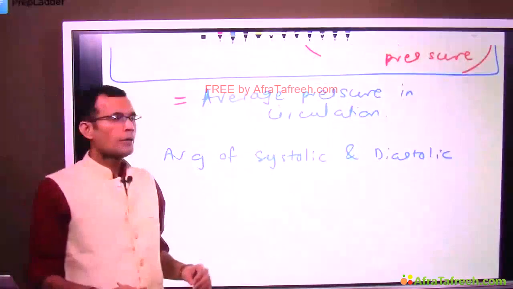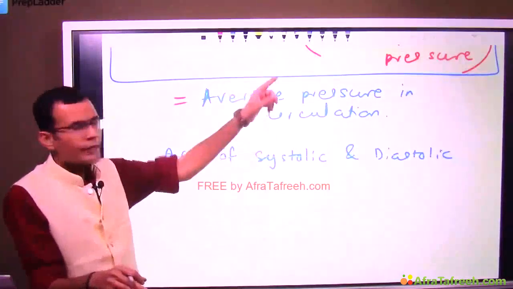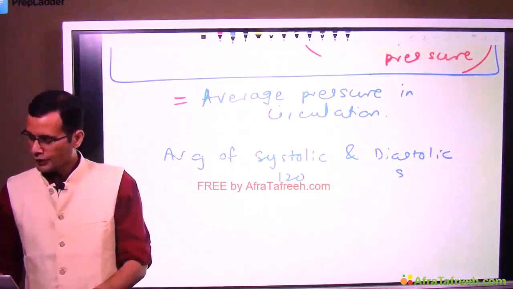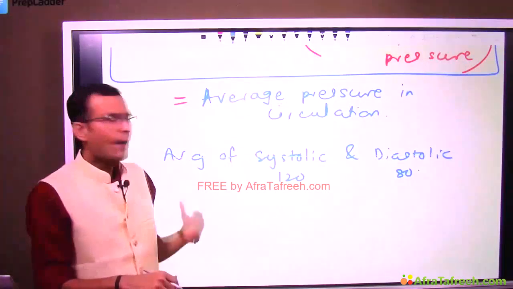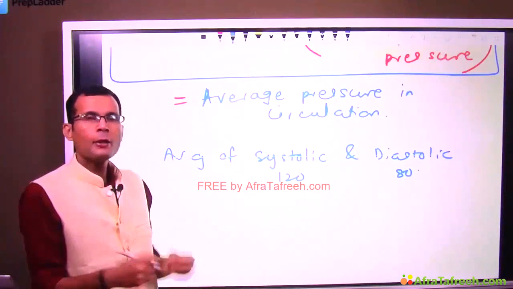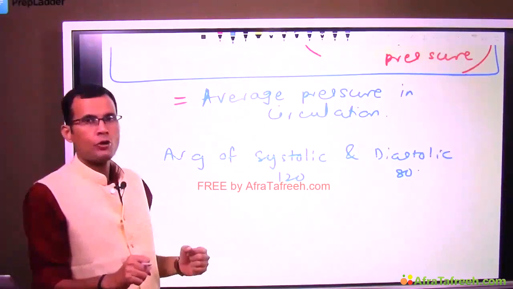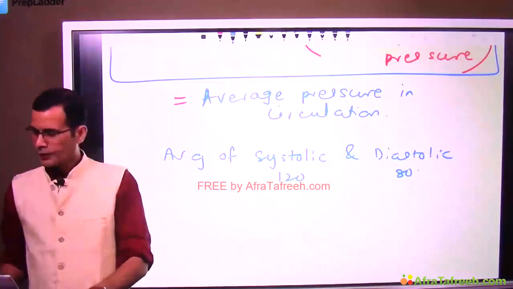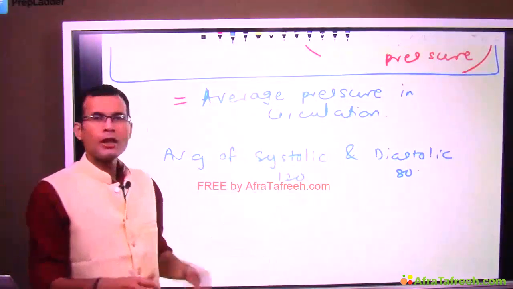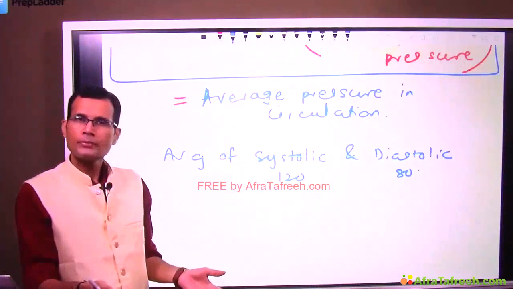For the time being, let's take those figures. Systolic is 120, diastolic is 80. How do we calculate the mean or average of two figures? We can take systolic plus diastolic upon 2, right?